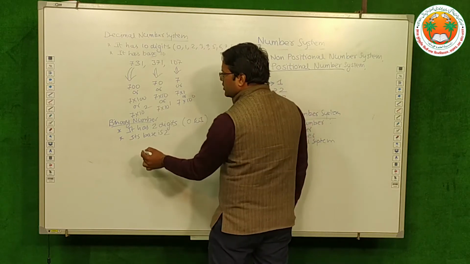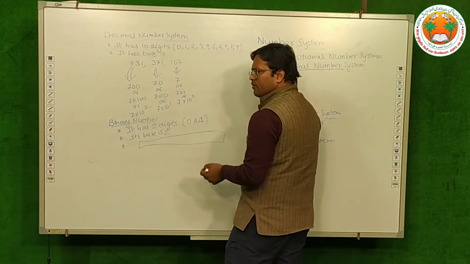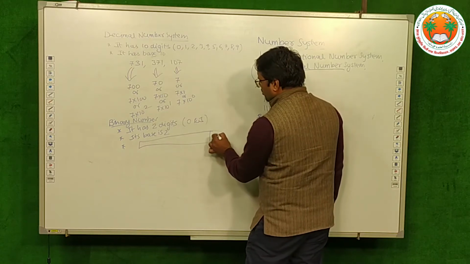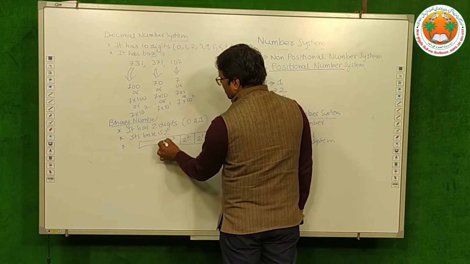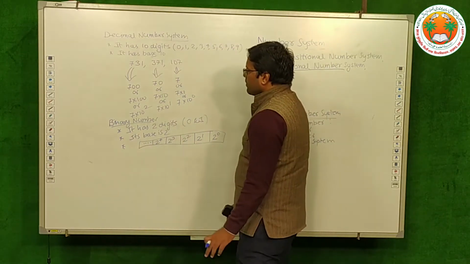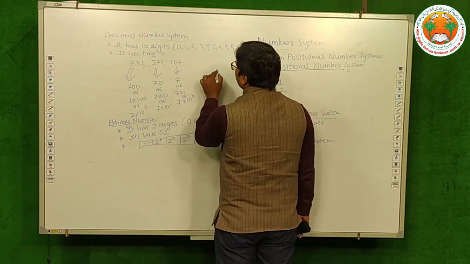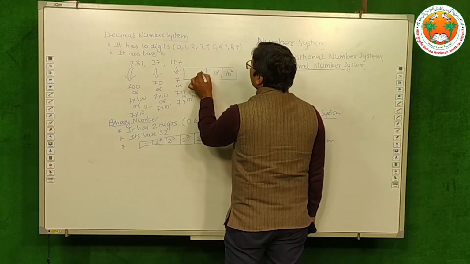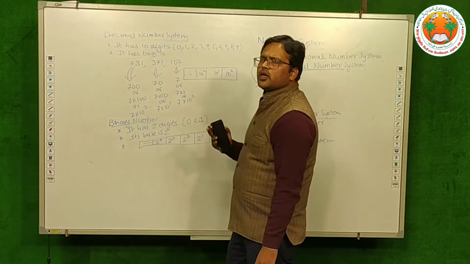The weightage of each digit, if you write it from the right, starting with the least significant digit, would be 2 to the power 0, 2 to the power 1, 2 to the power 2, 2 to the power 3, 2 to the power 4, and so on up to n. In this way the weightage of the binary system is followed. Previously, the weightage of the decimal number system was 10 to the power 0, 10 to the power 1, 10 to the power 2, and you can follow it the same way. So the binary number system has two digits, 0 and 1.